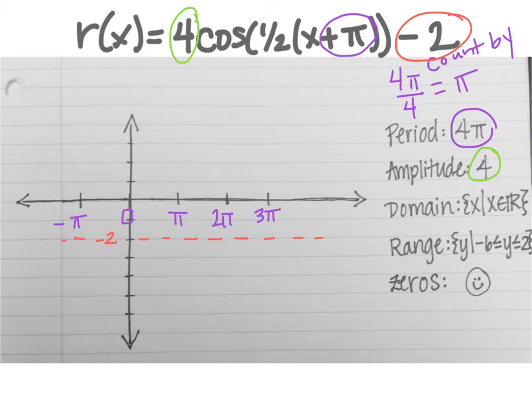So if I'm at negative 2 and I travel up 4 spaces, it'll give me a maximum value of positive 2. And if I travel down 4 spaces, it gives me a minimum of negative 6.